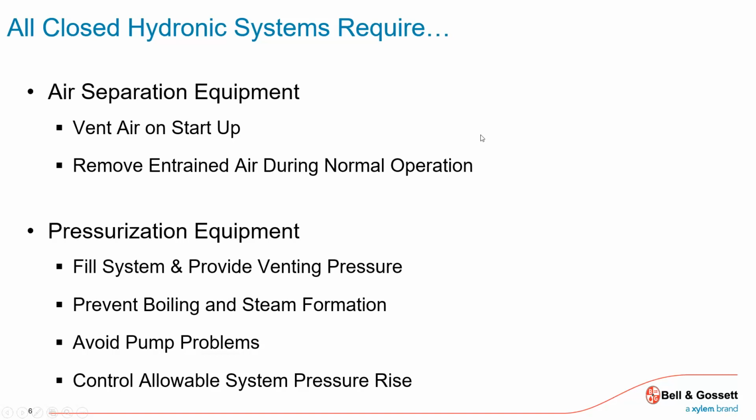Avoid pump problems, and then have a controlled, allowable system pressure. And how do we control it? By how we properly size those expansion tanks to accept that expansion. How much, what's the range, all of those little factors we'll talk about. That will allow that allowable pressure increase to occur without getting excessive and opening up relief valves and all of those things.